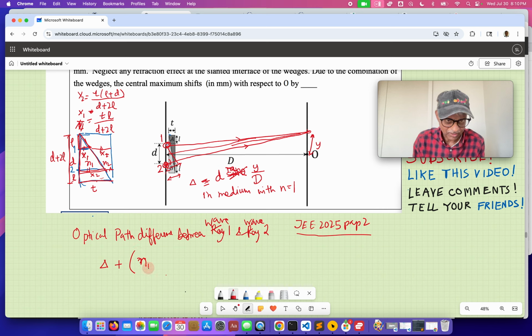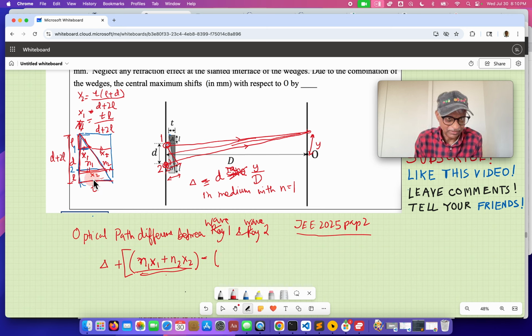So n1 in x1 for this ray plus n2 in x2. This is the additional path that I need to include for ray 1, and I need to subtract ray 2 from it.